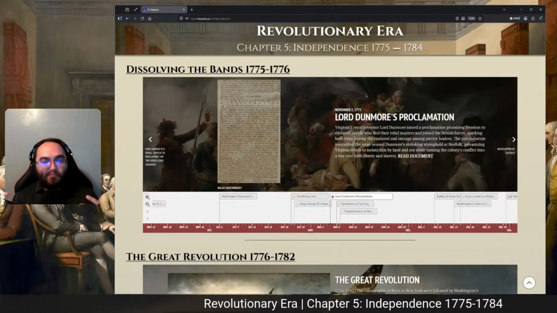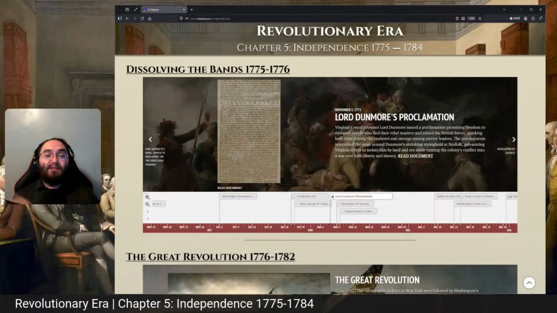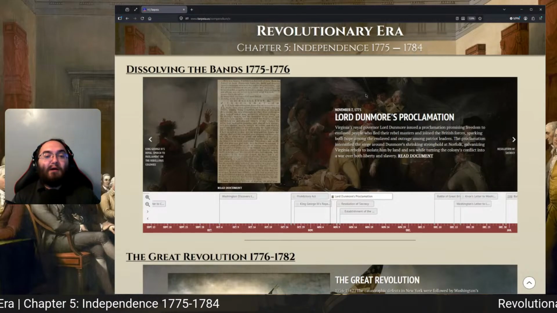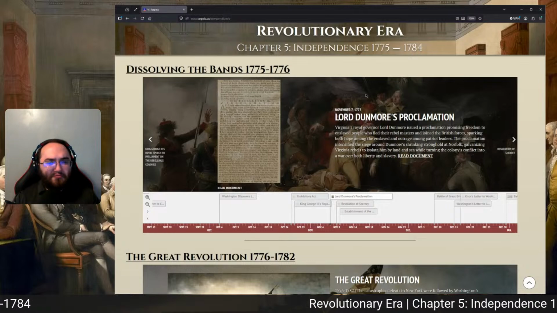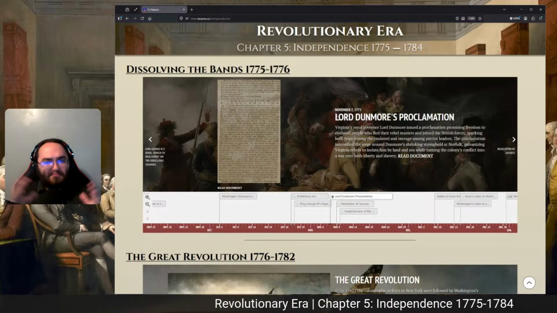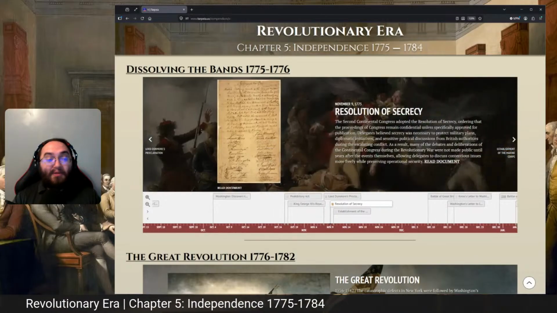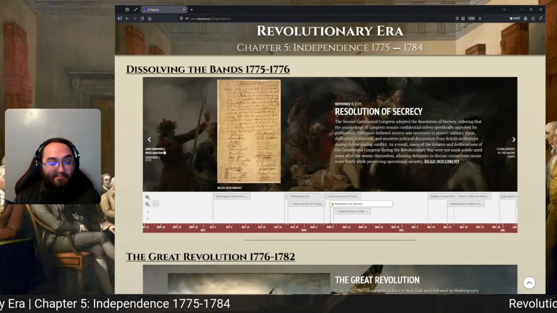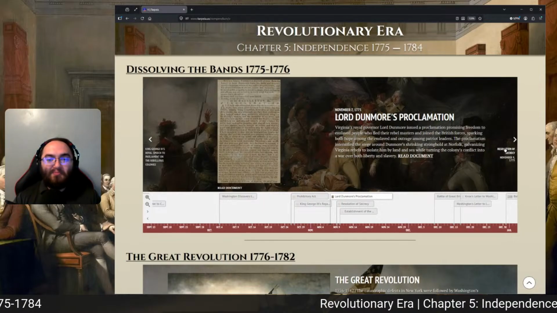It's only for rebel masters. If it's a loyalist master, the slave wasn't allowed to leave. So there is some misrepresentation of Lord Dunmore's proclamation in common literature. But it does anger the rebels, the Patriots. That part of this proclamation is true.